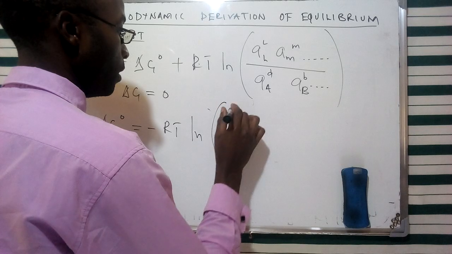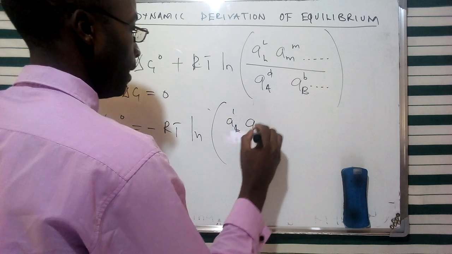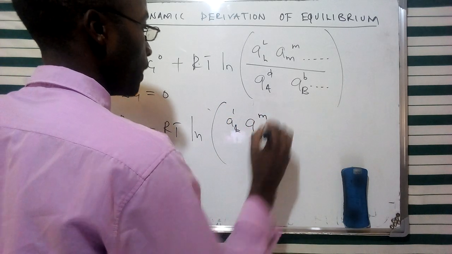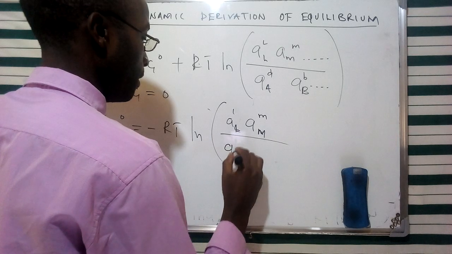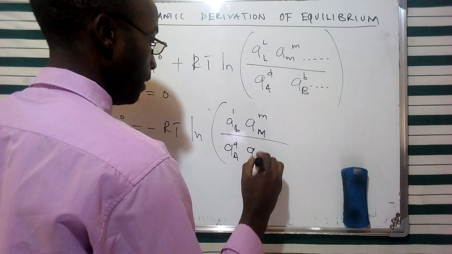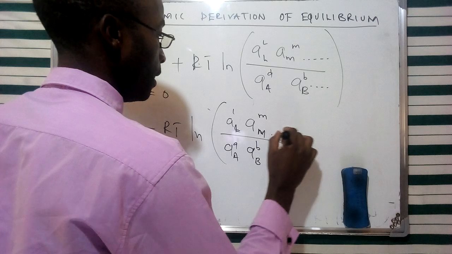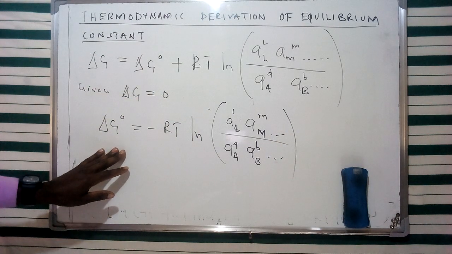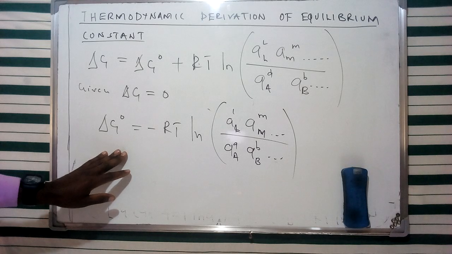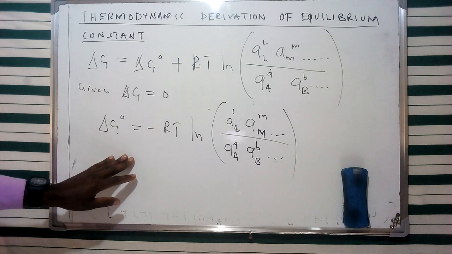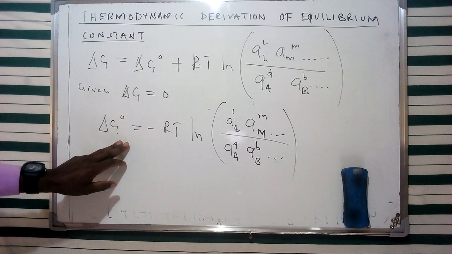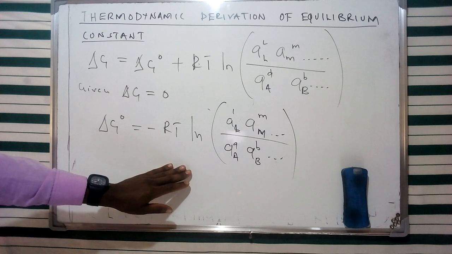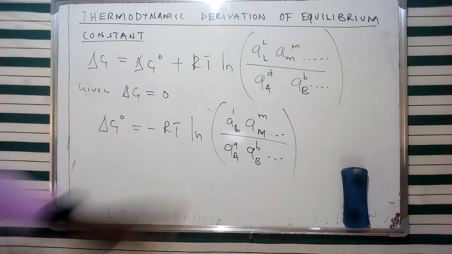So it's going to be small l, A capital M, that coefficient, all over A and A, B, given as such. So therefore, this is going to represent the constant: at constant temperature, delta G standard is going to be given as that, and of course the right hand side of this specific equation is also going to be constant.